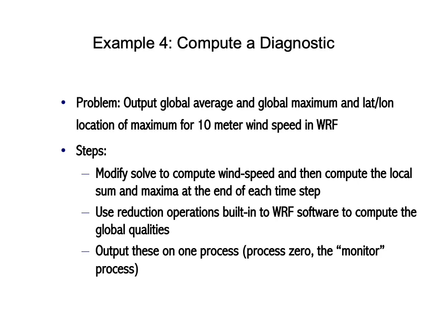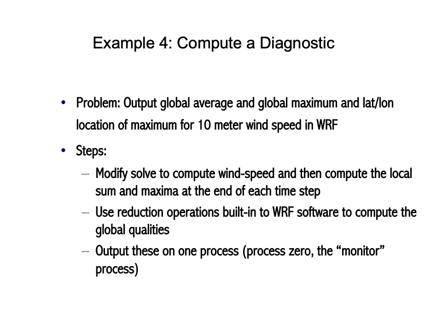We start this by doing a computation similar to the way that we would do it if we did not have any distributed memory processing going. We simply compute the wind speed, and then once we have the wind speed on our particular MPI processor, we compute the average, and we compute the maximum, and we keep the I, J for that maximum.